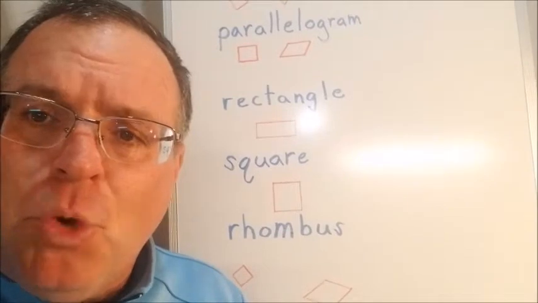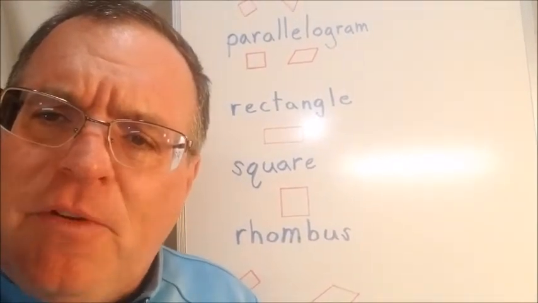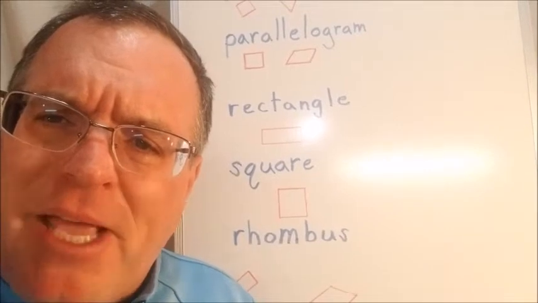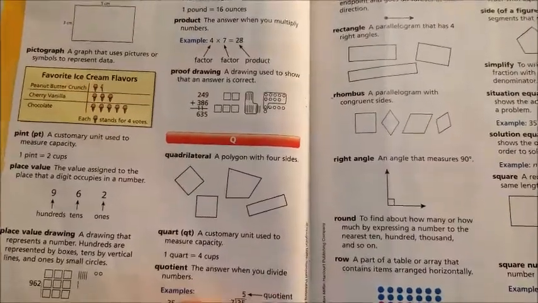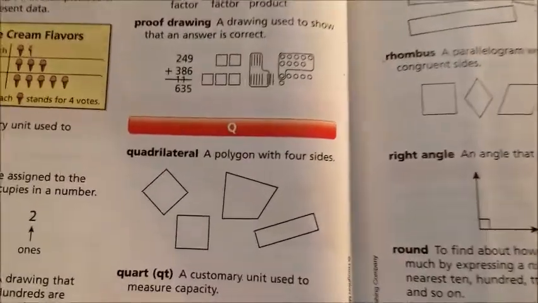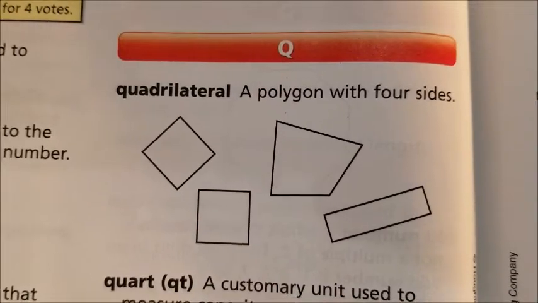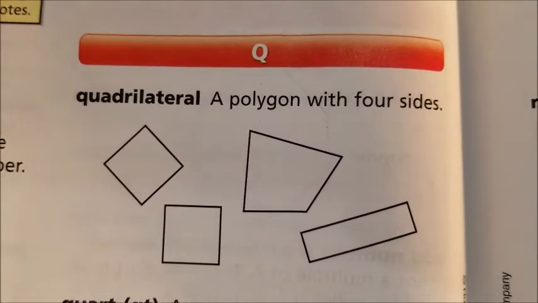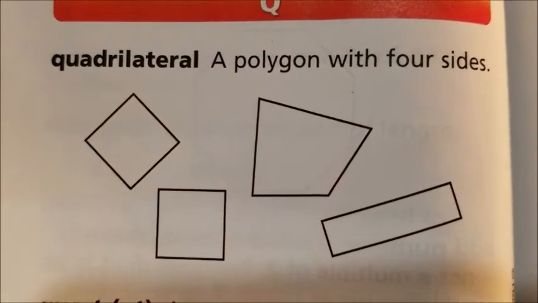And why don't I just show you right now in our book a little bit quick. Let me see. I'll find the glossary and we'll just page through them real quick. Okay, boys and girls, here is our glossary, and here we go with our definition of a quadrilateral, a polygon with 4 sides. There are some examples for us right there.